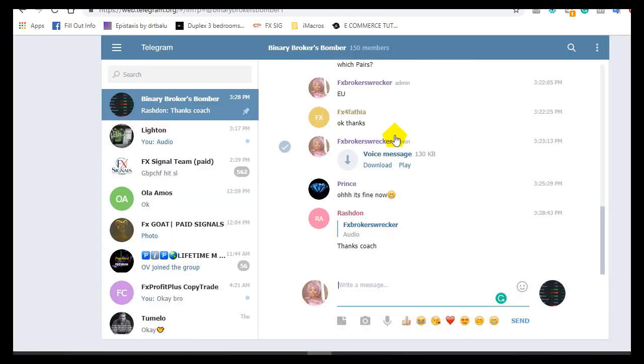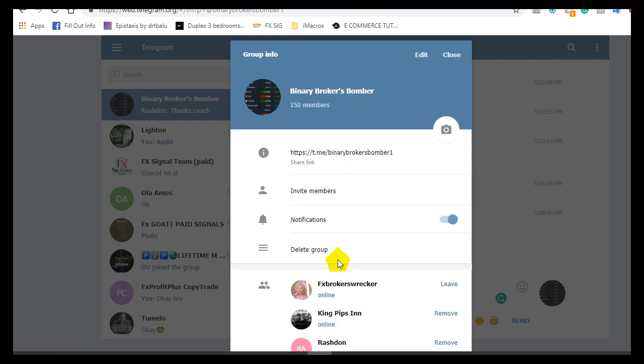So come to the group, click on the group name. Once you click on the group name, you see something like media.